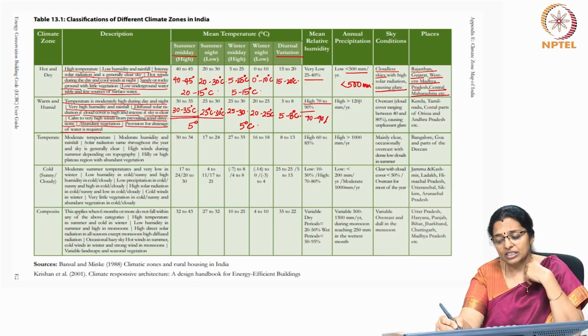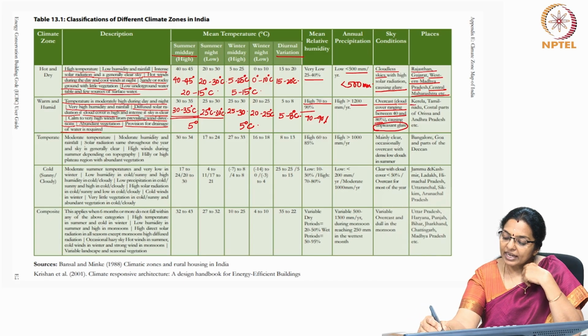Annual precipitation is high, more than 1200 millimeters per year. There is overcast sky. Cloud cover ranges between 40 to 80%, causing very unpleasant glare. Places include Kerala, Tamil Nadu, coastal parts of Odisha and Andhra Pradesh.